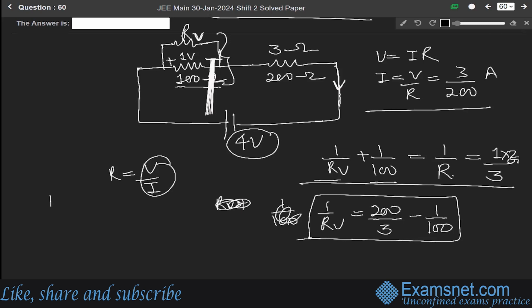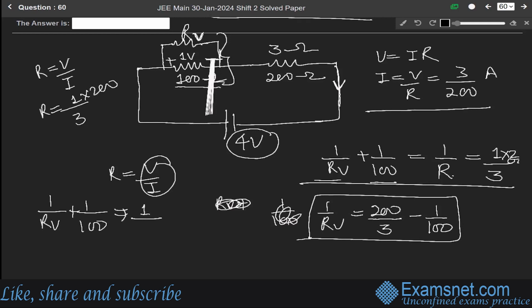Okay, 1 over RV plus 1 over 100 will be equal to 1 over R. R means V over I. So R will be equal to V, which is 1 volt, over I, which is 3 over 200. It is not 200 by 3, it will be 3 over 200.